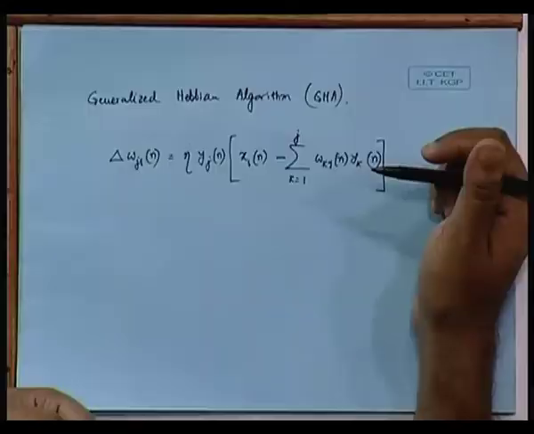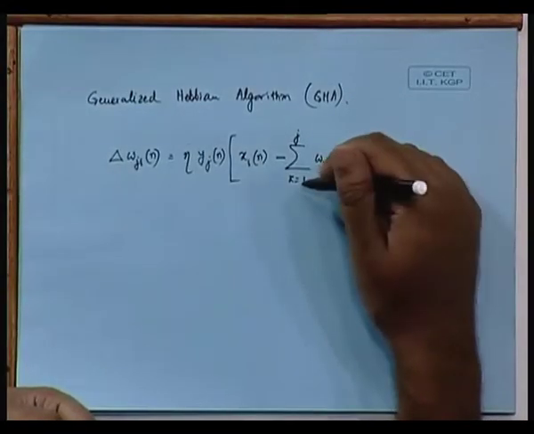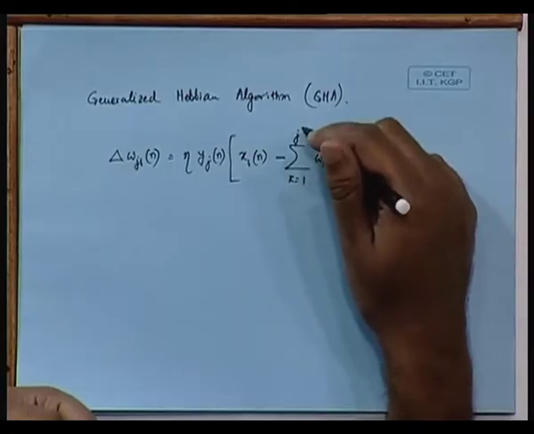They are the summation of wki yk, where we are considering the kth output and summing it for k equal to 1 to j.